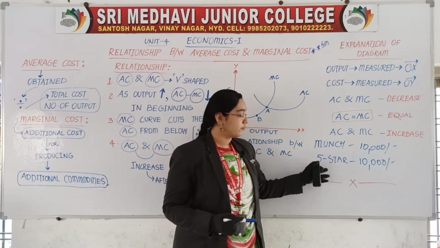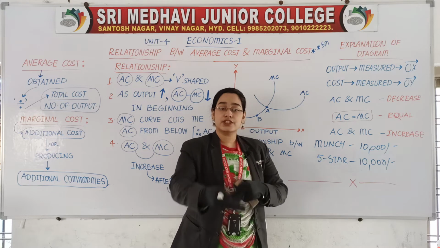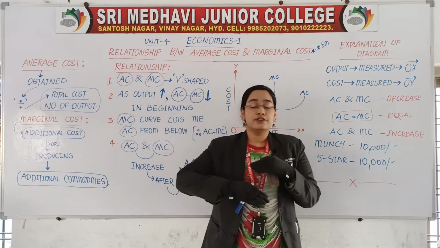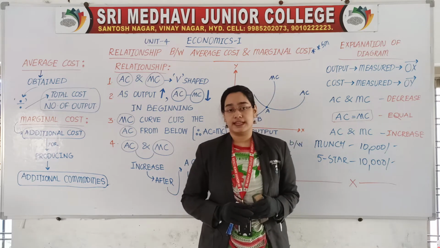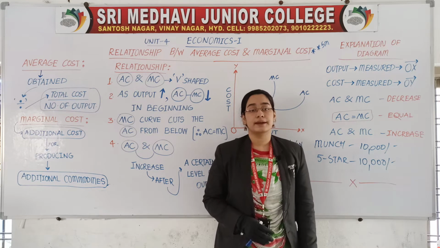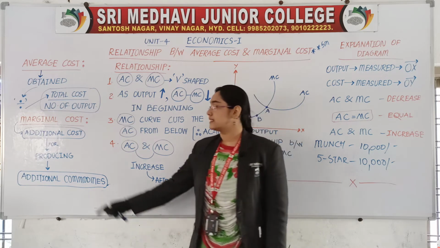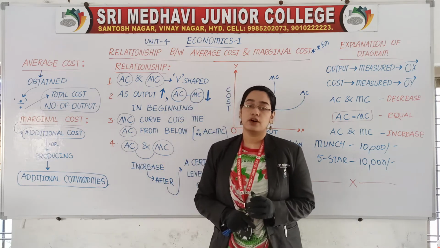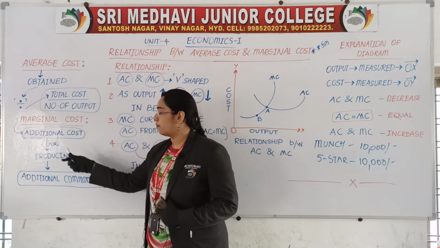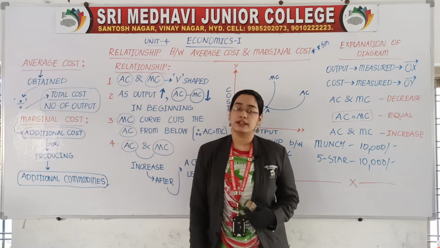So 5 star was an additional commodity. Whenever a producer manufactures an additional commodity, then it requires additional cost for that. That additional cost is nothing but marginal cost. Marginal cost means the additional cost for producing additional commodities.